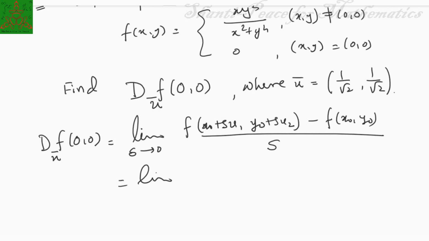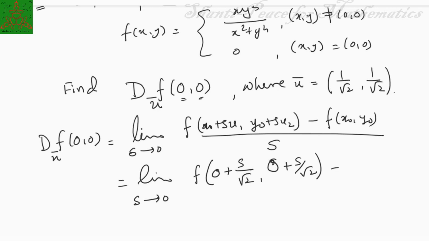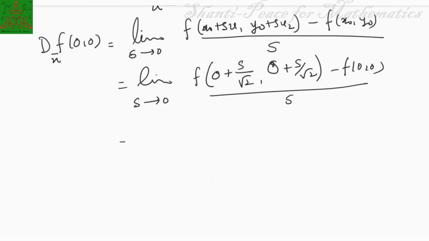If I have x0, y0 as (0, 0), and u bar is this, I'm just substituting that value here. So it is limit s tends to 0 of f of (0 plus s by root 2, 0 plus s by root 2) minus f of (0, 0) upon s.